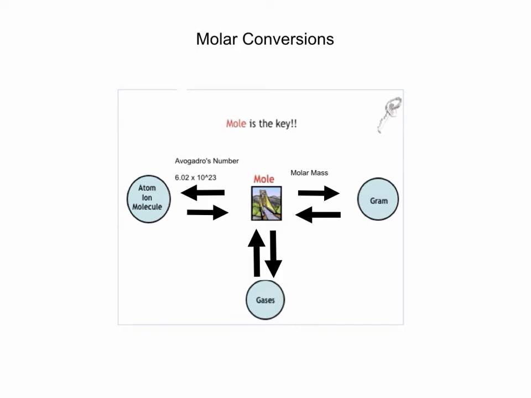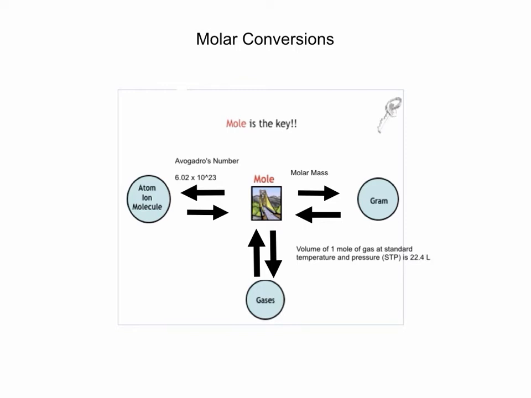To do that, we know that the volume of 1 mole of gas at standard temperature and pressure, and standard temperature and pressure is also known as STP, is 22.4 liters.